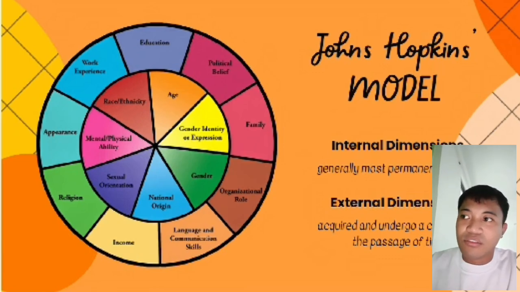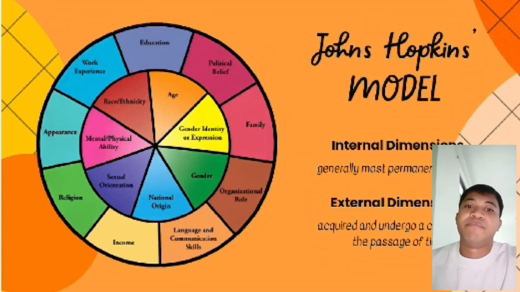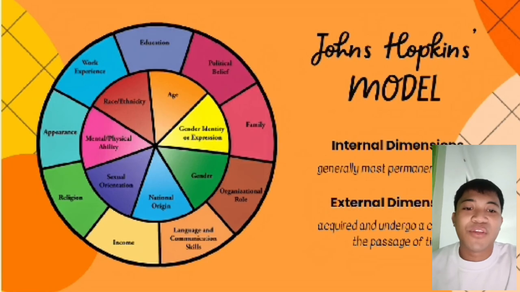Those are what we call internal dimensions. Other pieces of your puzzle can change as you grow up, like your education, your job, your income, your beliefs. That's what we call external dimensions because they can change over time. So that is all. Thank you.